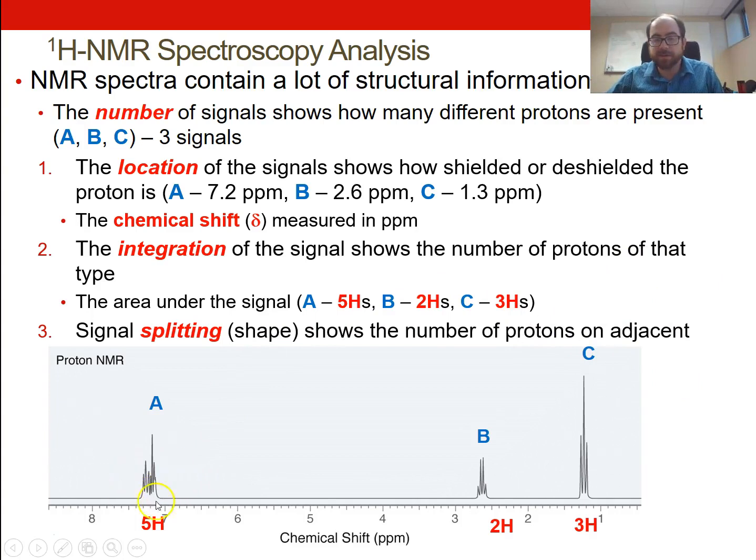We would say that signal A has a fairly complicated splitting. There are a lot of different peaks, with different heights. Signal B is a little bit more regular. Notice that there are 1, 2, 3, and 4 peaks for this particular signal. And for signal C, there are 1, 2, and 3 peaks. Again, that can tell us information about the adjacent hydrogens to our signal.